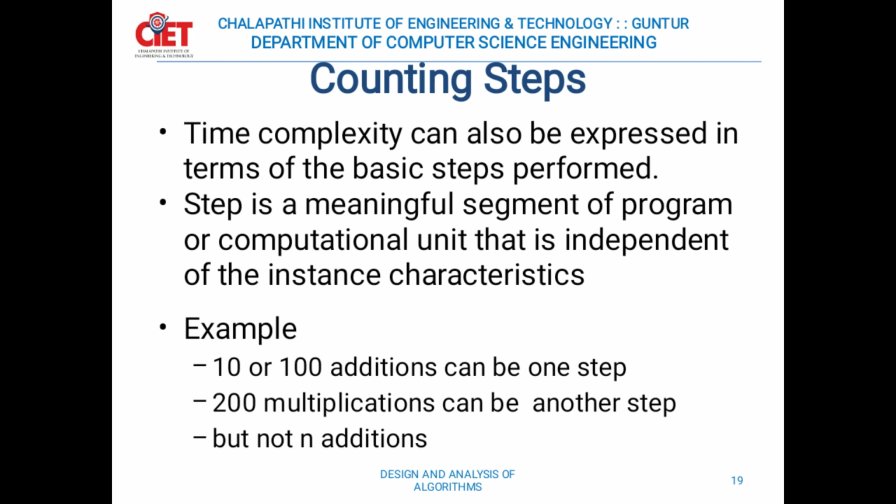In the algorithm, before executing an expression, we need to increase the variable count by the number of steps required to execute that step in the algorithm. At the end, the change in the count variable is equal to the number of steps required to execute the algorithm.